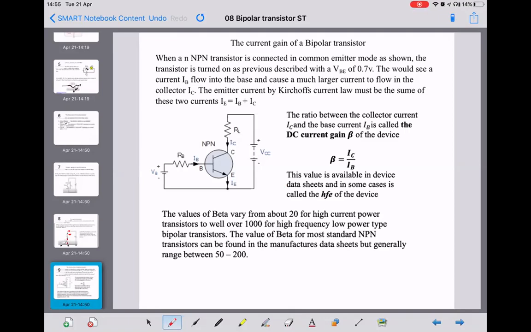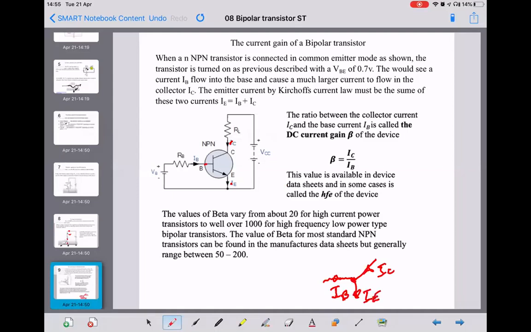So by Kirchhoff's law, we've got current IB going in here. We've got a current IC coming in at the top and an IE going out at the bottom. If we treat that like the node of a circuit, there's IB coming in, there's IC coming in, and then IE going out.